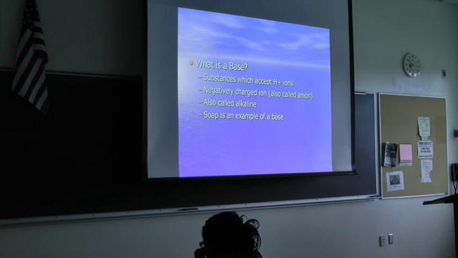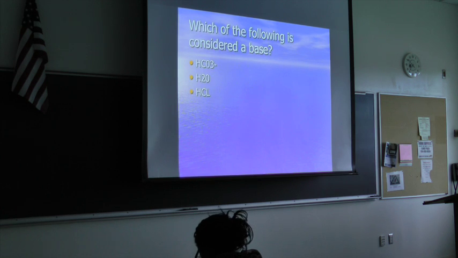A base is a pH higher than normal, and in the blood, normal is 7.40. Higher than what? 7.4, the exact number is 7.45.